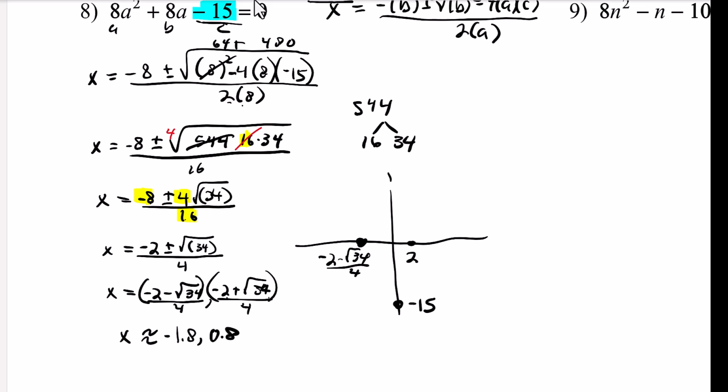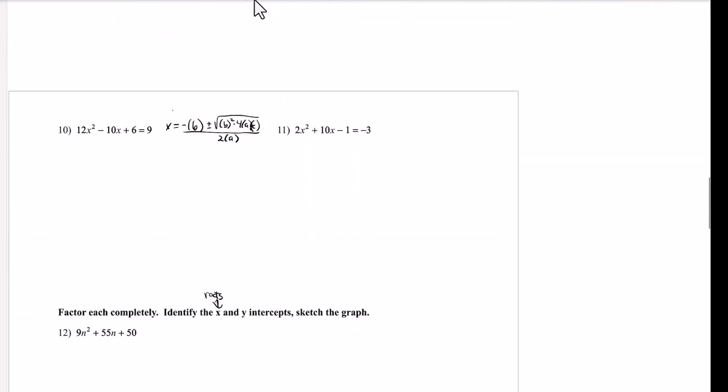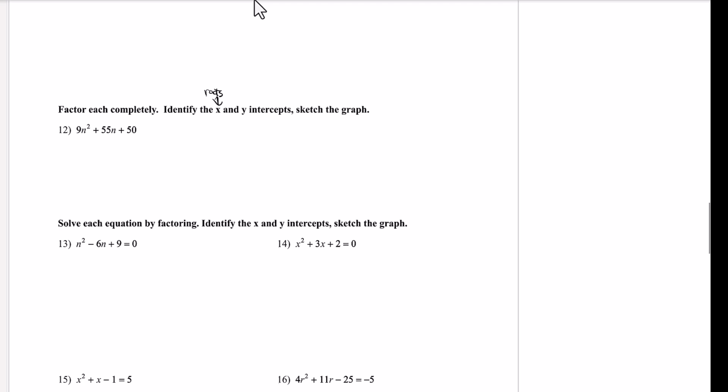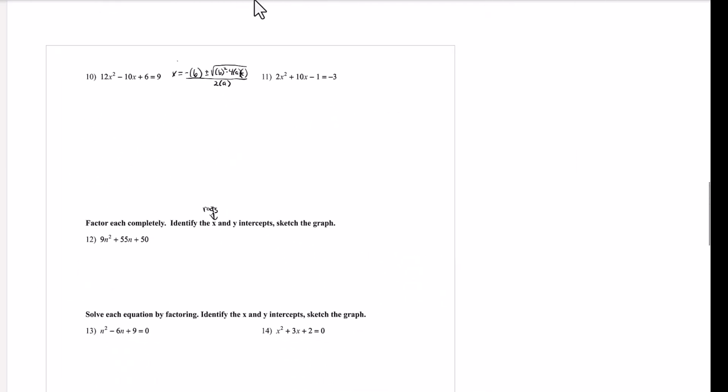And this is negative 2 plus root 34 all over 4. It's going to come down, go back up, something like that. All right, I'm going to end that one there, and then we'll do a few more.